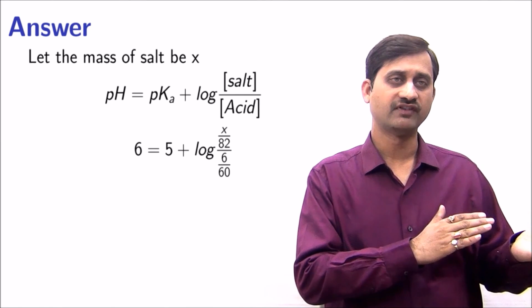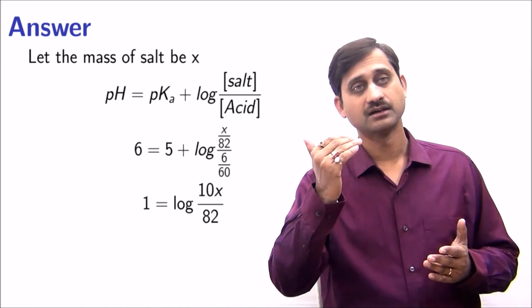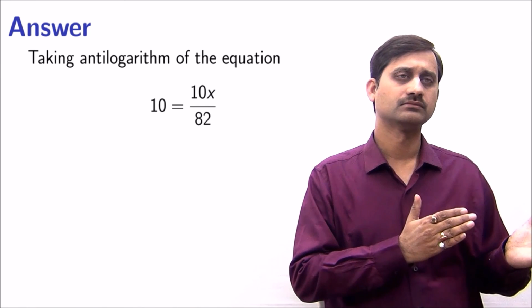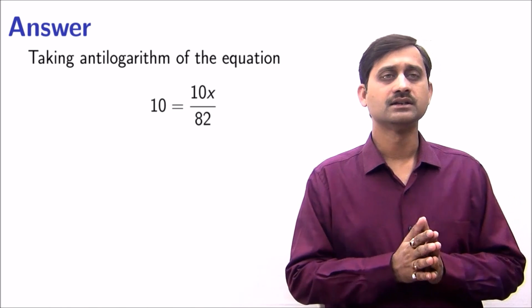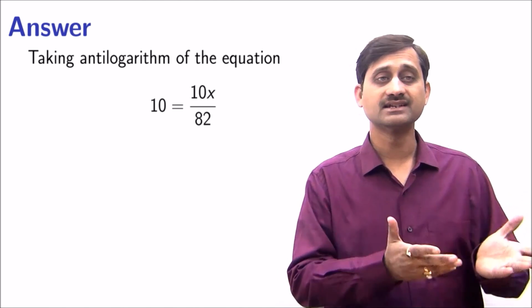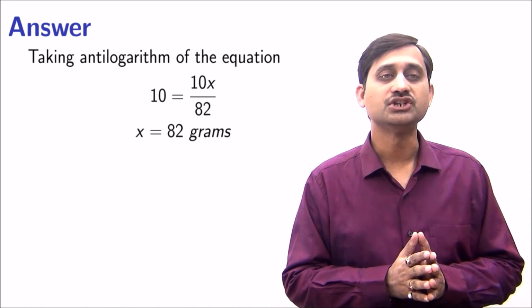Changing the side of 5, we get 1 is equal to log of 10x by 82. Taking the antilog of the equation, we get 10 is equal to 10x by 82. Antilog of 1 is 10. Solving it, we get x as 82 grams.